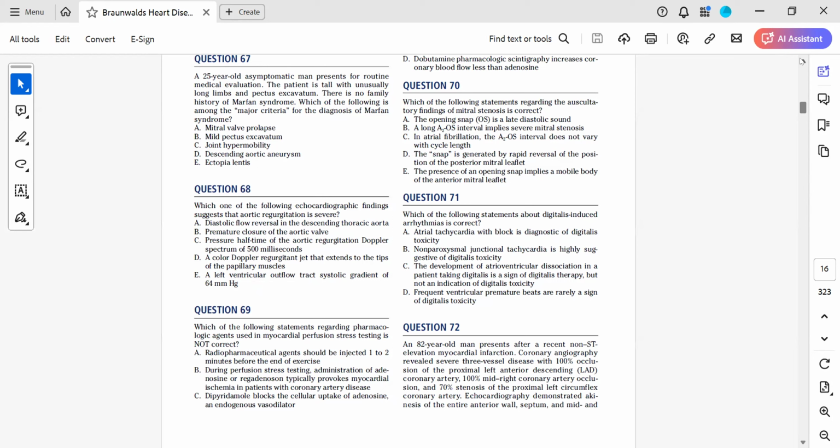Okay, I'll read it. A large number of arrhythmias may result from digitalis excess.